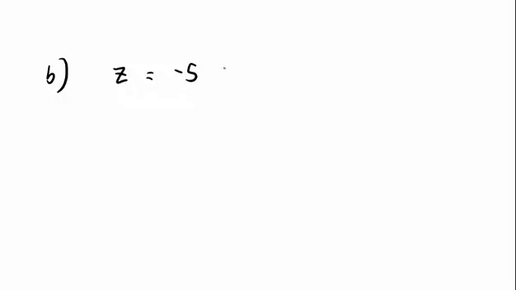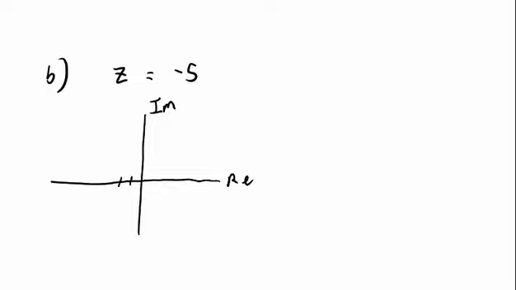So if you draw a picture here and you realize that the horizontal axis is the real axis, the imaginary axis is the vertical axis, where is negative 5 in that mess? z equals negative 5. You just go to the left from the origin 5 units, right? It's a purely real number, so it lies on the real axis, doesn't it?